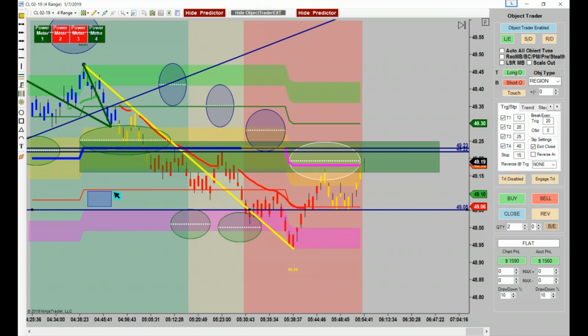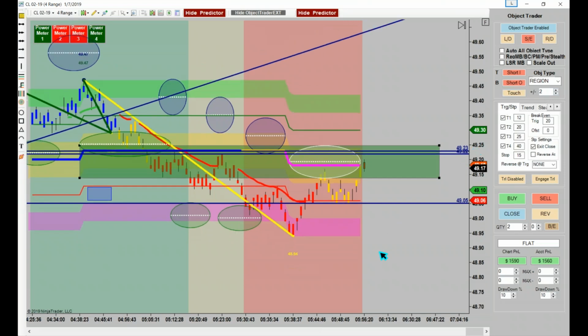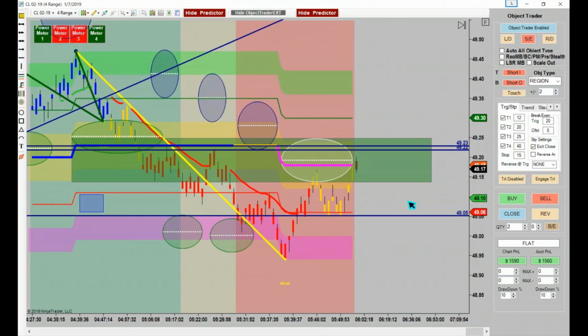And could we be ready to take that trade? There's support. We're going to do a touch plus 2 and see if we can get a trade. Support right here. It did do an ABC.